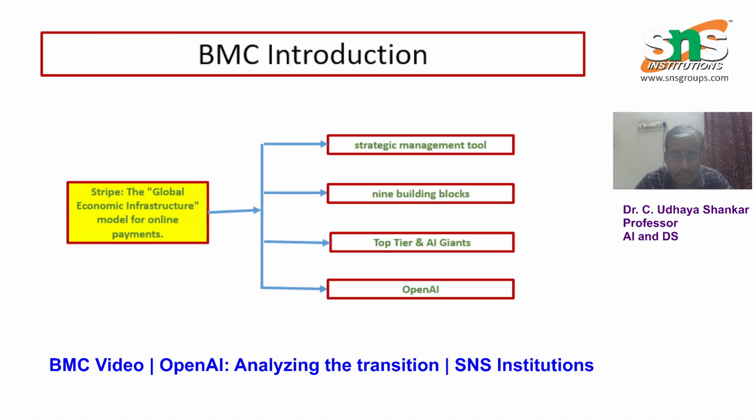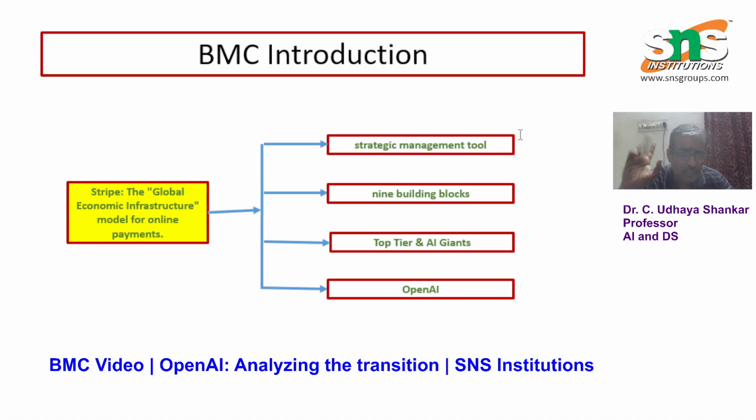Just a small introduction: the business model Canvas, in short called BMC, is a strategic management tool. It is used to have a good visualization and to assess the business idea and concept in a very easy way. It consists of 9 building blocks.